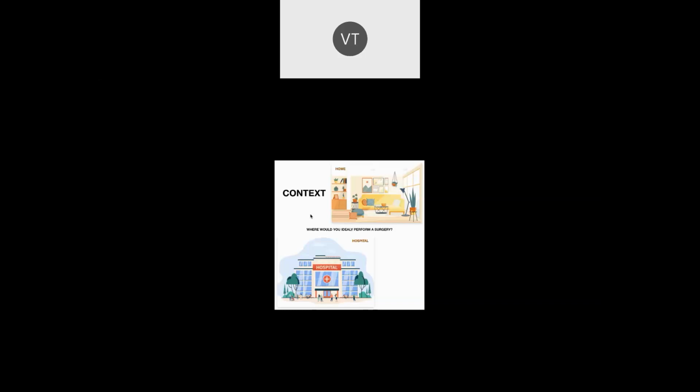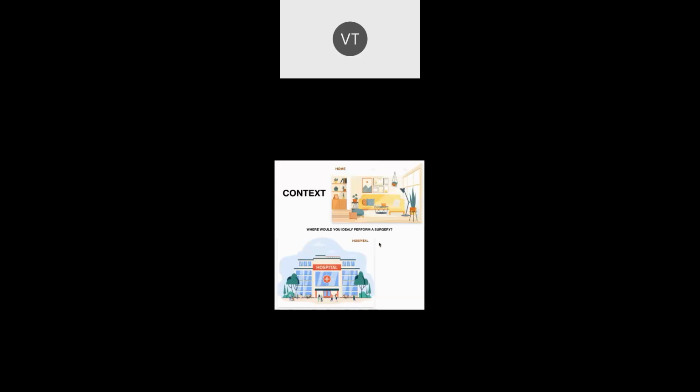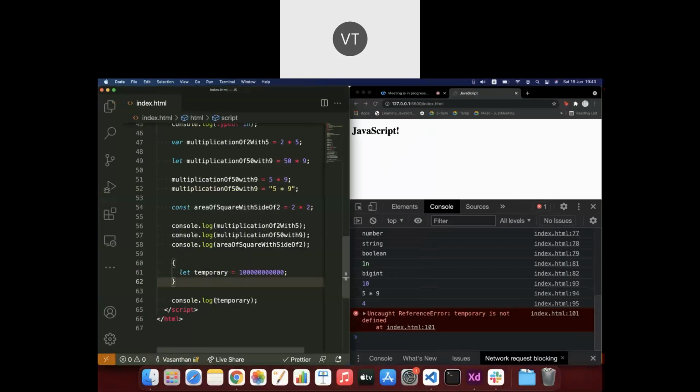You can say that it can also be done at home, but the ideal situation is you would always do it in a hospital. So context refers to the environment in which you are performing a certain action. We will look into context in depth, which is a pretty confusing concept for some people. I'll try to explain it in a way which you will understand.